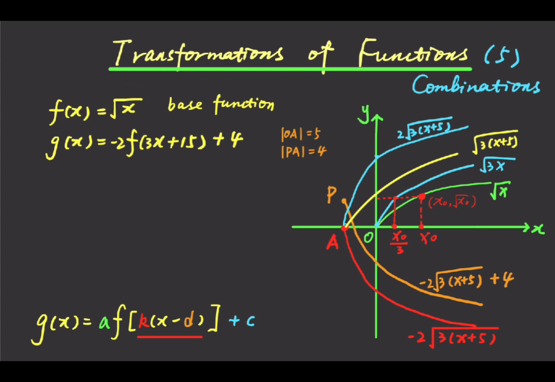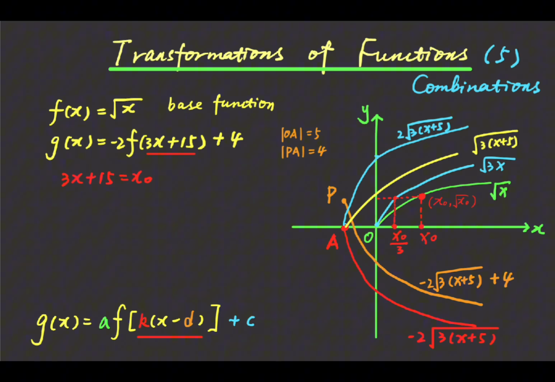Now, if we want to transform this function to this final transformed function, we need to observe the relation between this function and this function. Inside the brackets, we have 3x plus 15. If we assume x0 is a specific value, we need to guarantee the whole inside the bracket, 3x plus 15, equals x0.